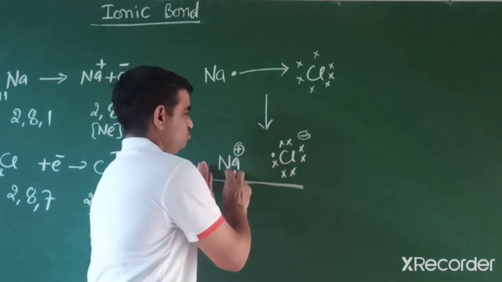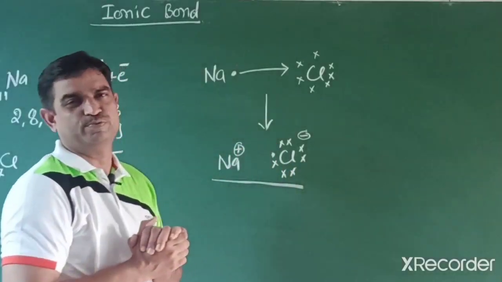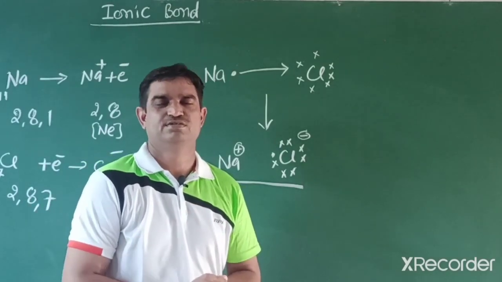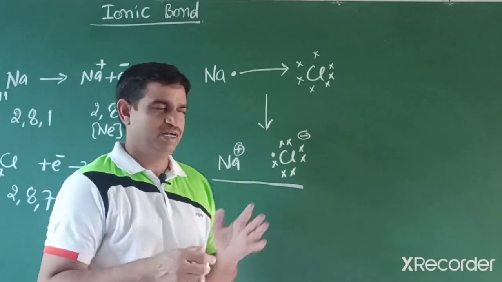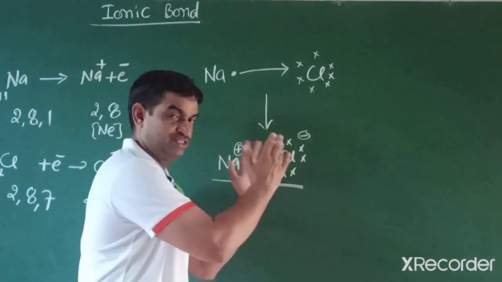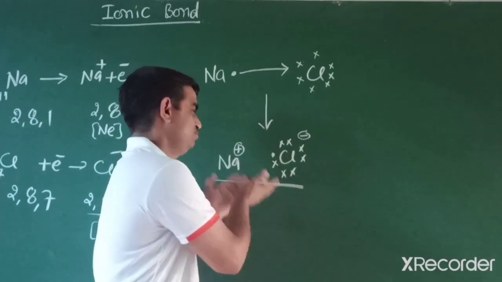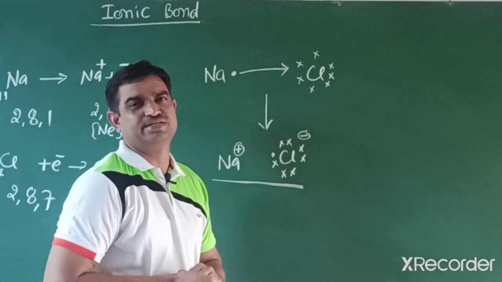Due to that strong force, it is a solid with very high melting and boiling points. And these compounds do not pass current in solid state because millions of molecules aggregate and are strongly attracted.